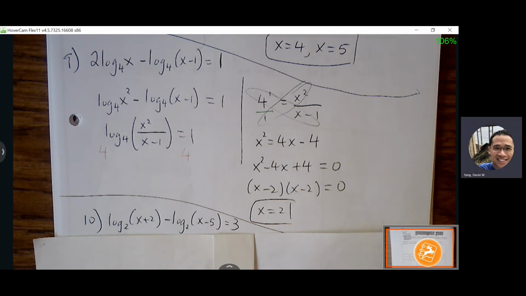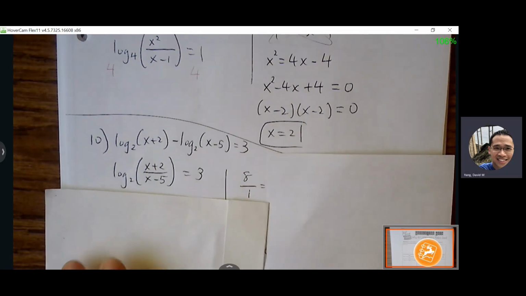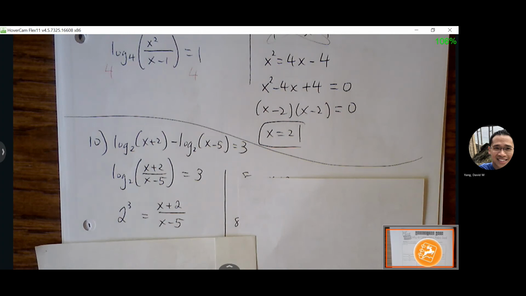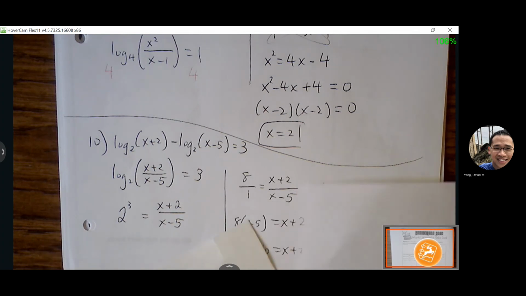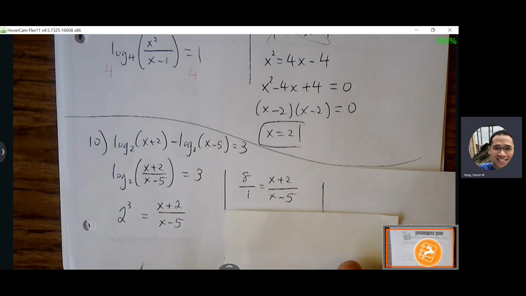Okay, quotient property first. Exponential form. Cross multiply.